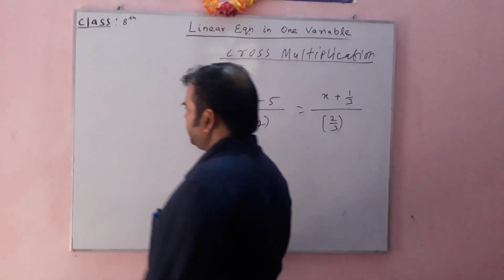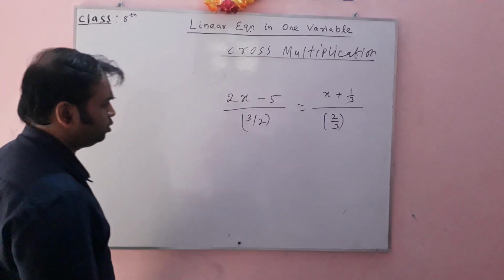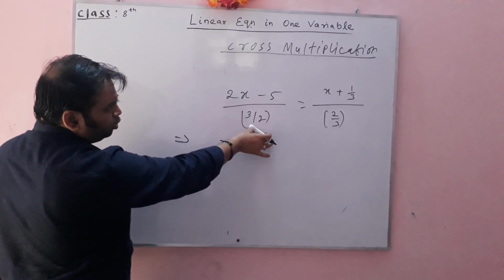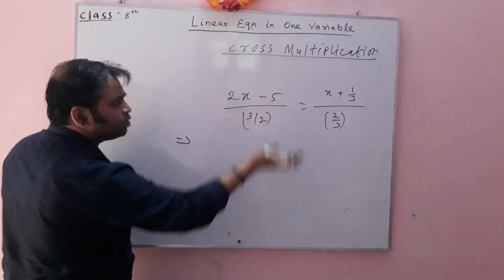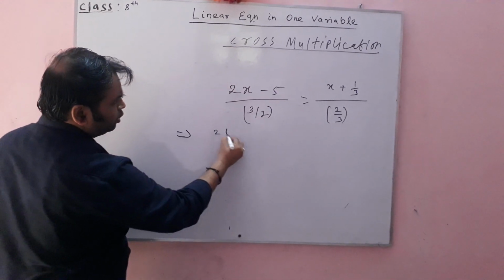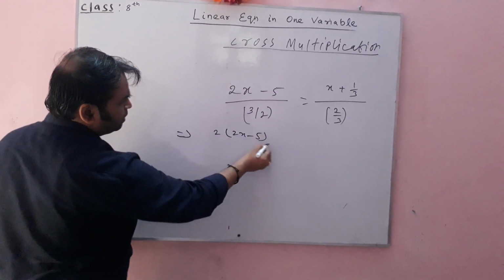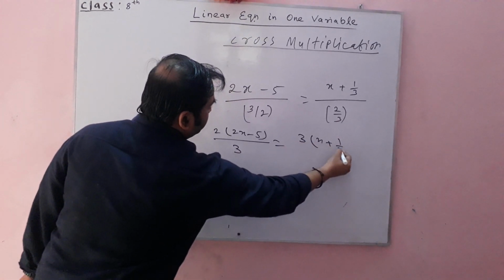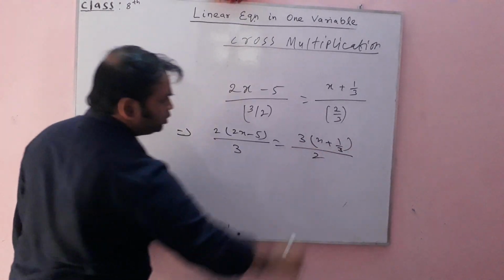I think you are feeling a little difficulty in this equation. No problem at all. Just see here, this is 3 upon 2 in the denominator, so first we convert this into the numerator. So that would come 2 into (2x minus 5) by 3, and here comes 3 into (x plus 1) by 3 whole divided by 2.